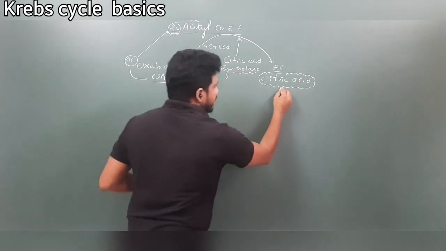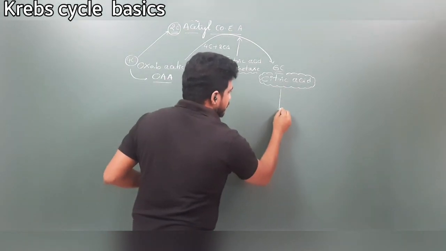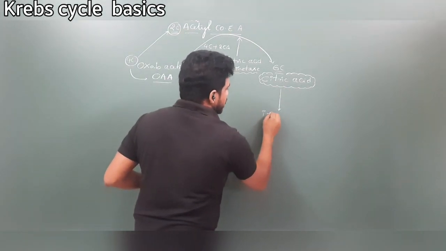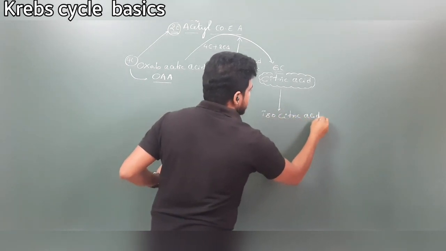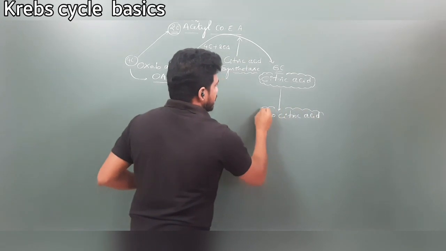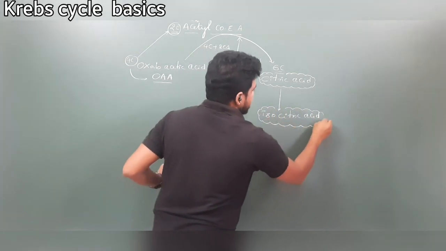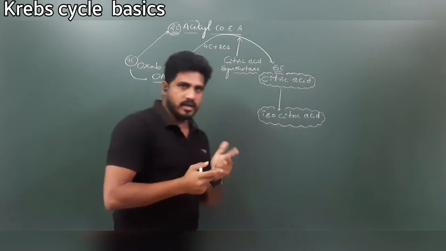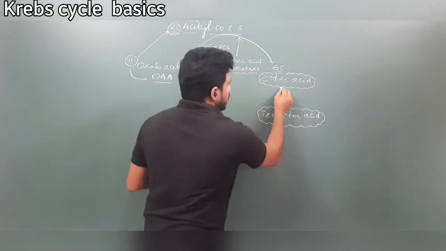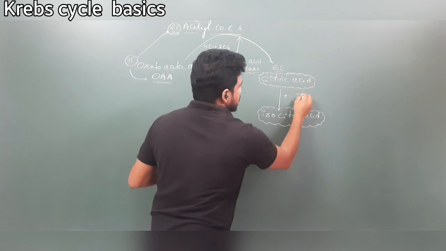Now this citric acid becomes isocitric acid. What is the difference between these two? This is just an isomer of citric acid. So the enzyme required is isomerase.